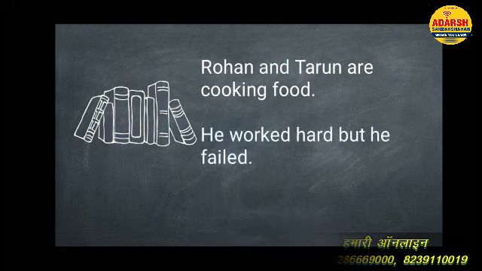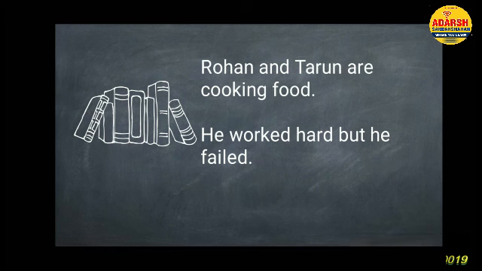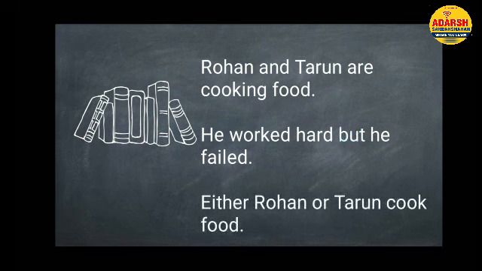He worked hard but he failed. Here our conjunction is but because it is connecting two sentences which are he worked hard, he failed. Now next is either Rohan or Tarun cooks food. Here our conjunction is either-or, which is connecting two sentences which are Rohan cooks food or Tarun cooks food.